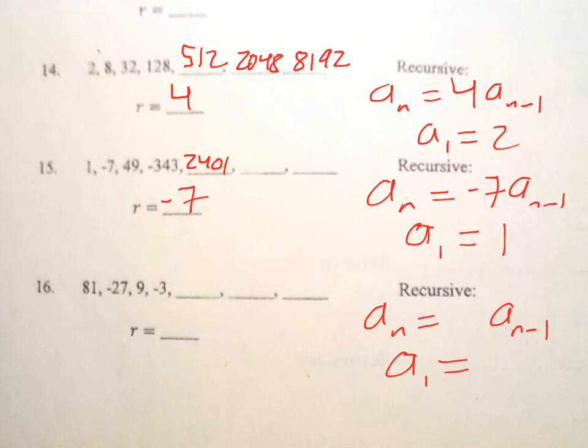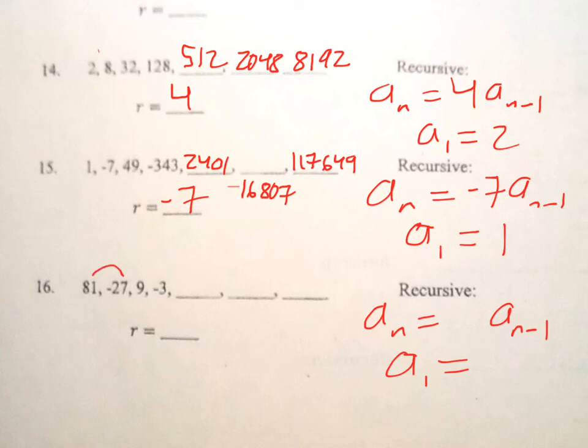And if you multiply that by -7, you're going to get negative 16,807. And if you multiply that by -7, you're going to get positive 117,649. Oh, there's just some big numbers there.